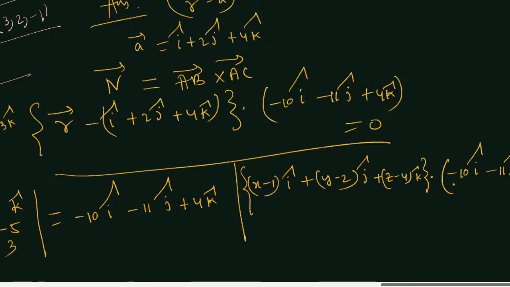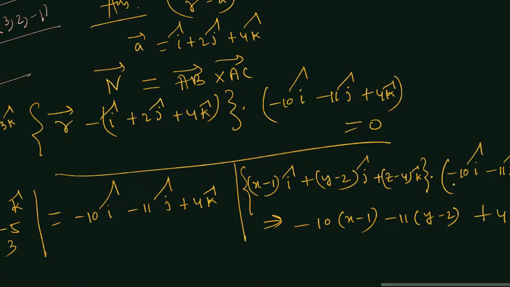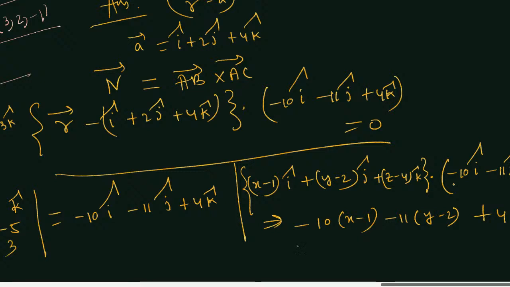Okay? Take the dot product: minus 10(x minus 1) minus 11(y minus 2), and so on. This is the required equation. Use determinant form or this form directly. This way, you can write the equation of a plane in both scalar and vector form.